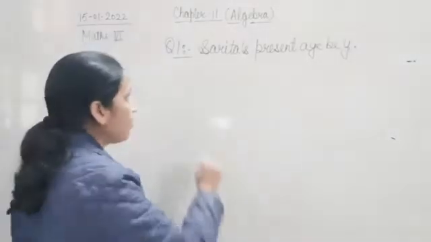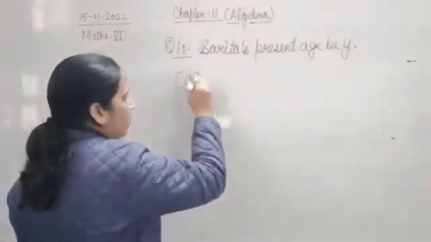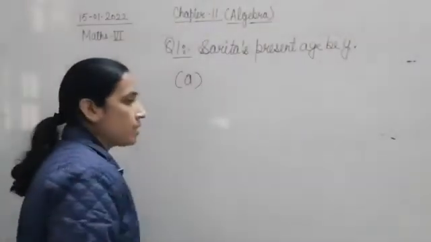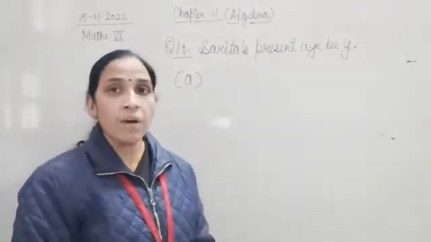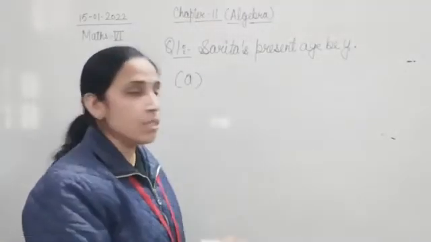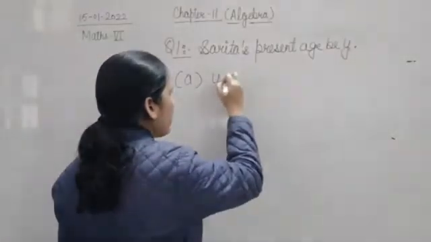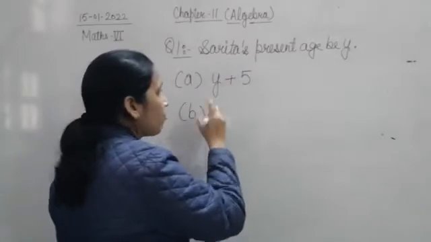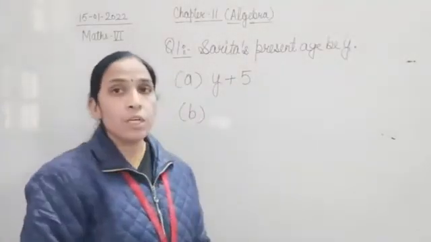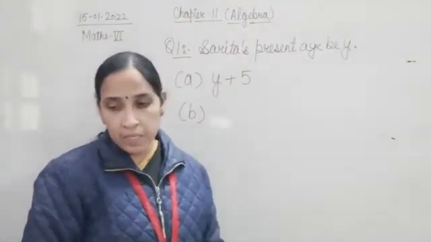Now what will be her age 5 years from now? Means after 5 years, what will be the age of Sarita if at present the age of Sarita is y? So after 5 years the age of Sarita is y plus 5. So 5 years will be added to the present age of Sarita.